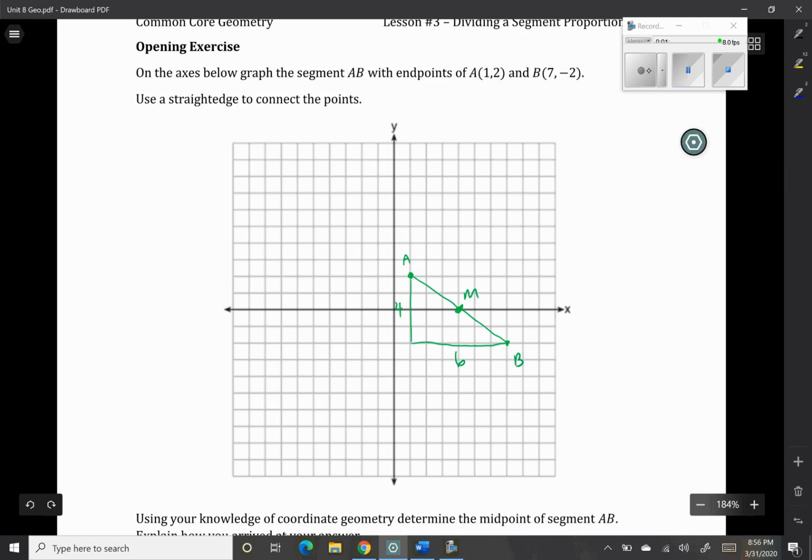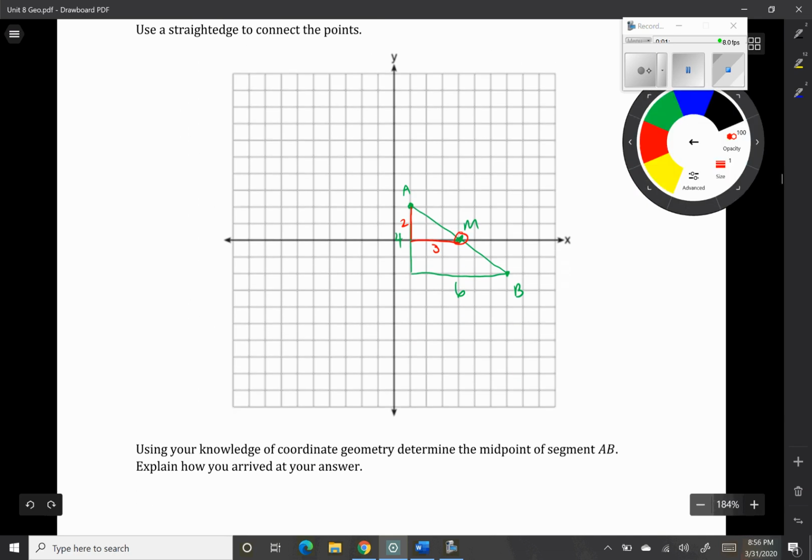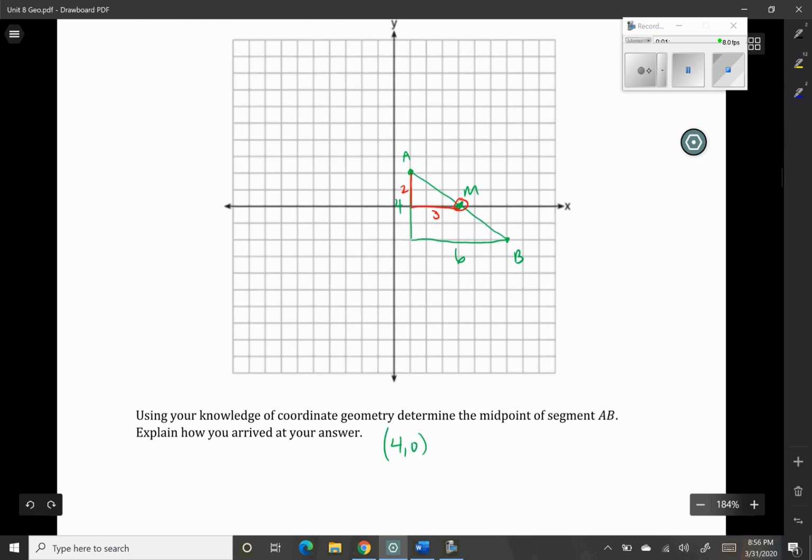So if I start at A and go down 2 boxes and go over 3 boxes, we're cutting that slope in half. We're locating M. So the coordinate of M is going to be (4, 0). It says here to explain how you arrived at your answer, so you'd be able to say, I cut the slope in half.